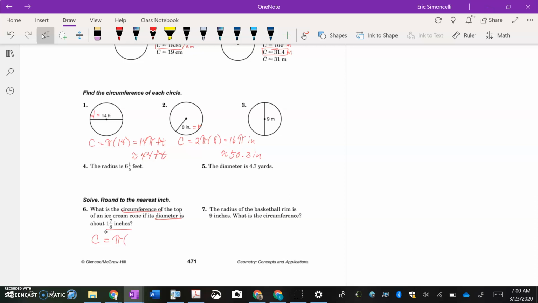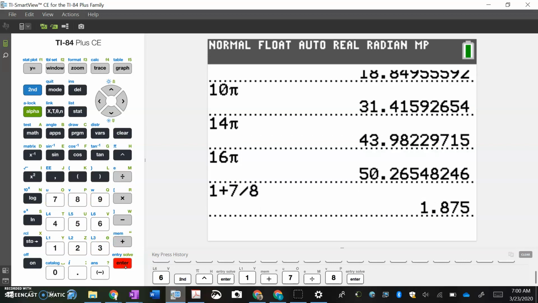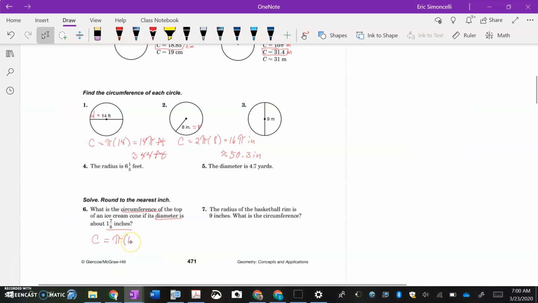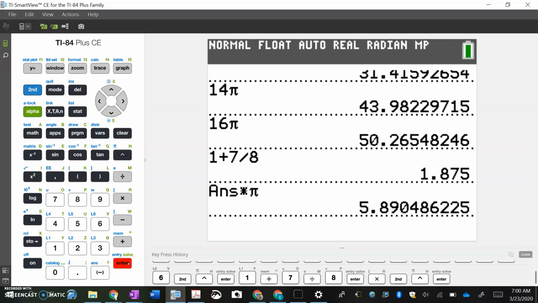Now d is in fact 1 7/8 inches, which is the same as 1 plus 7/8, which is 1.875. So that's what I'm going to use in the formula, which ends up being, if I multiply by pi, 5.89.